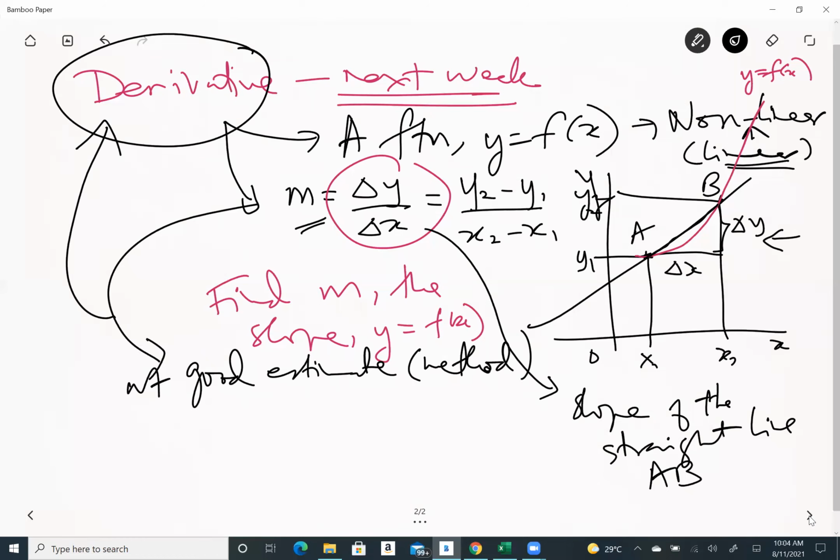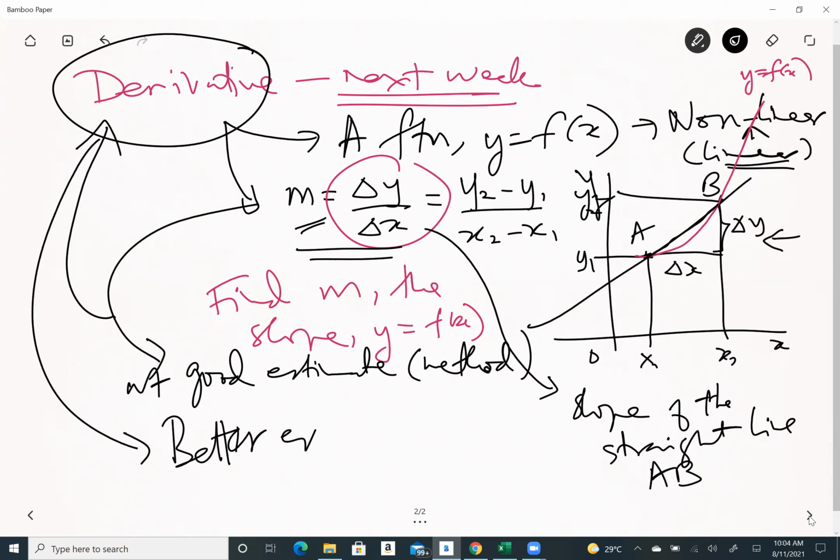This is the idea. First, like I said earlier, it's related to the slope. So in order to get a better estimate, derivative will give you a better method to get the slope of the curve.